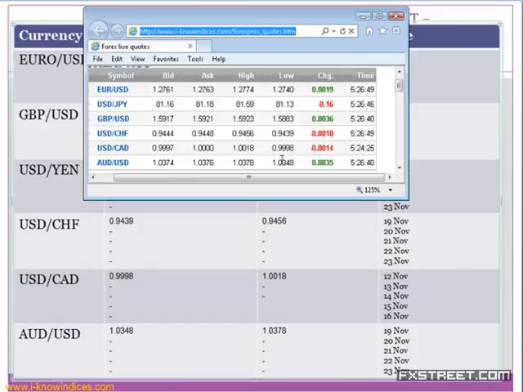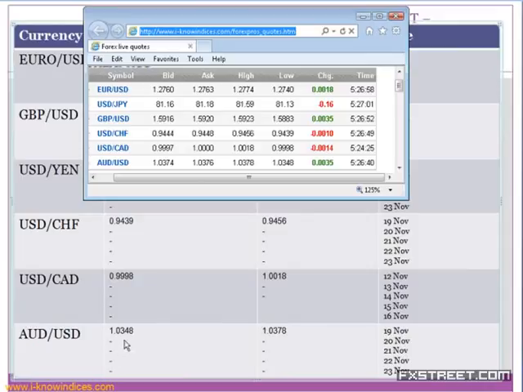In the case of USD CAD, 0.9998 is the low and 1.0018 is the high. 14 pips negative net change is seen. So they are just hovering around parity on the upside as well as the downside. They have not breached the low or the high.